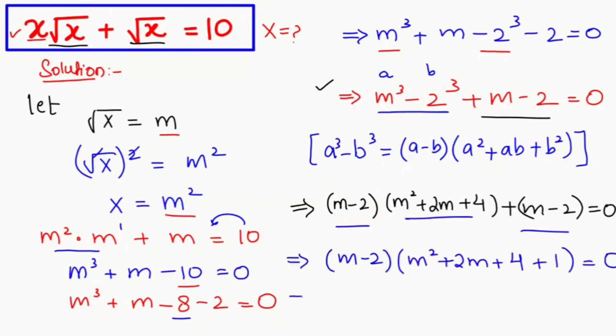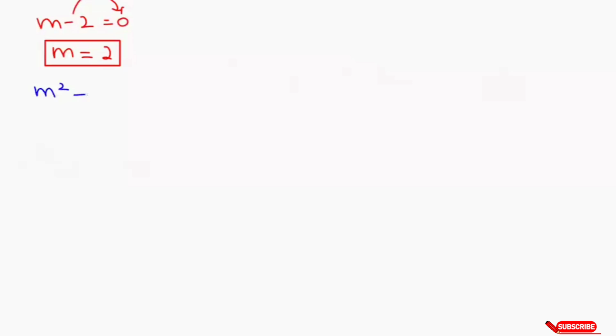And this will turn to m minus 2 times m square plus 2m plus 5 is equal to 0. Here we get the two cases. m minus 2 is equal to 0, and here m is equal to positive 2. And the other case we have, that is m square plus 2m plus 5 is equal to 0.